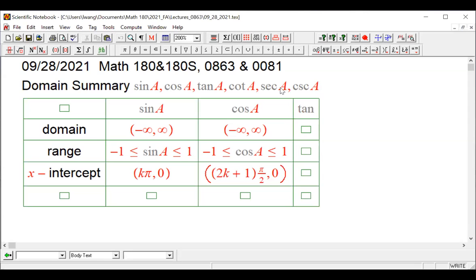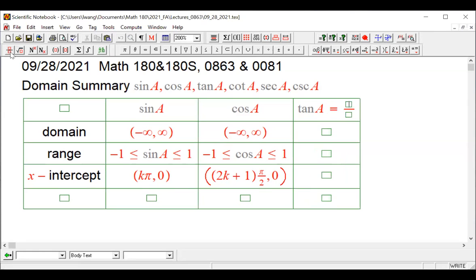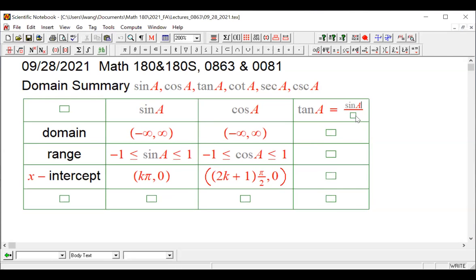What's the domain for tangent? Tangent is sine over cosine, right? Cosine cannot be 0. What will make cosine 0?